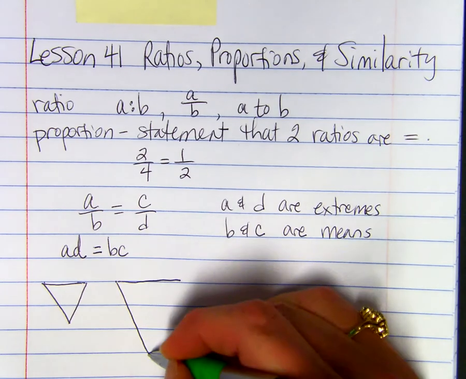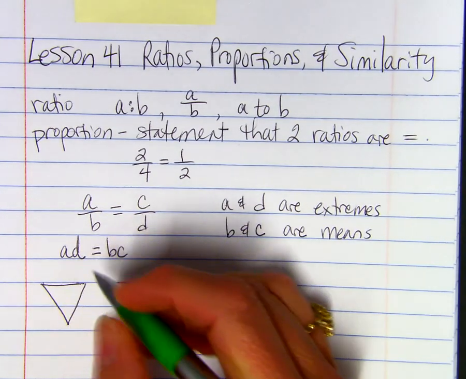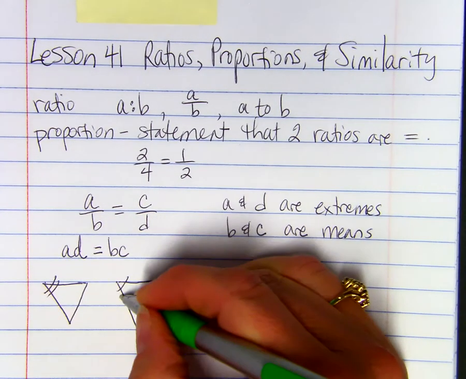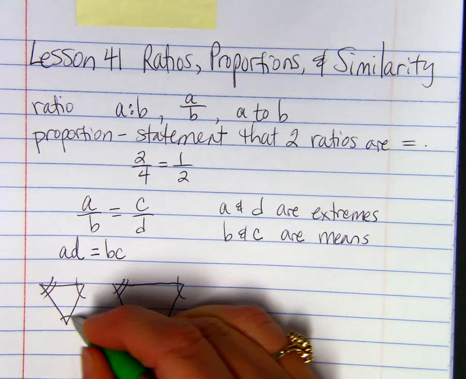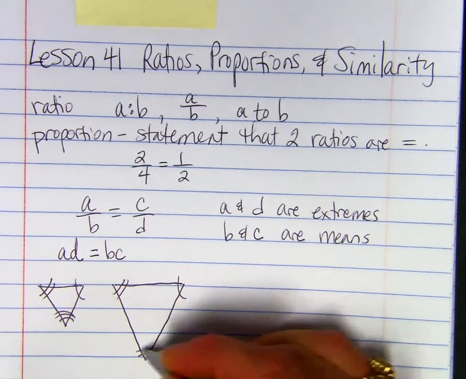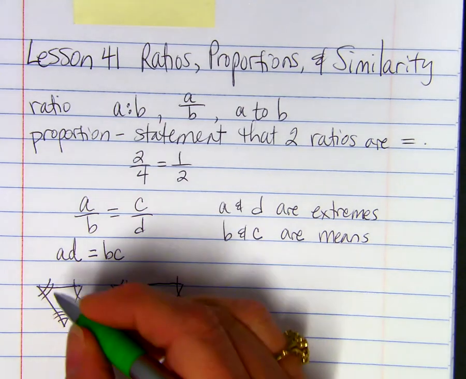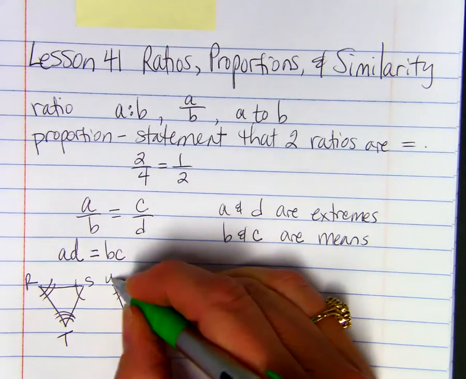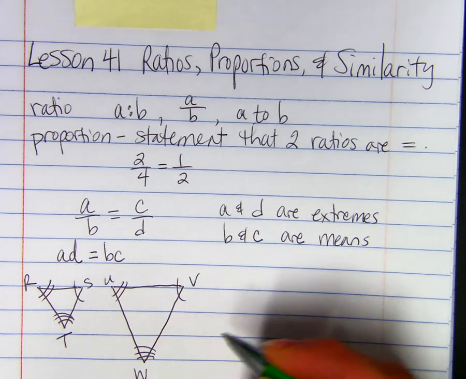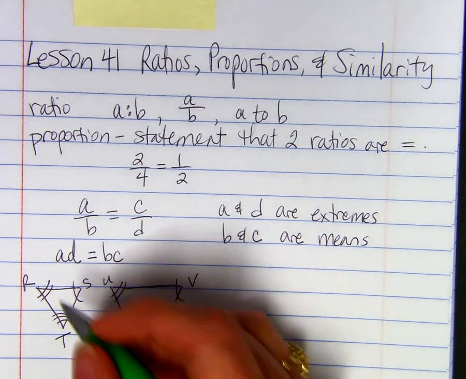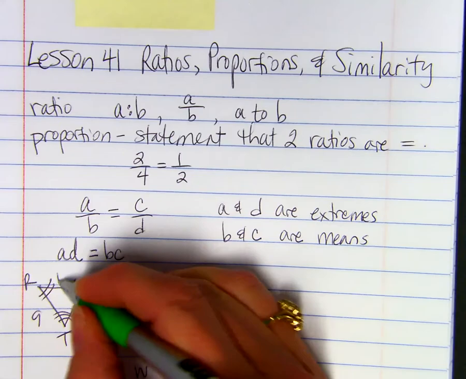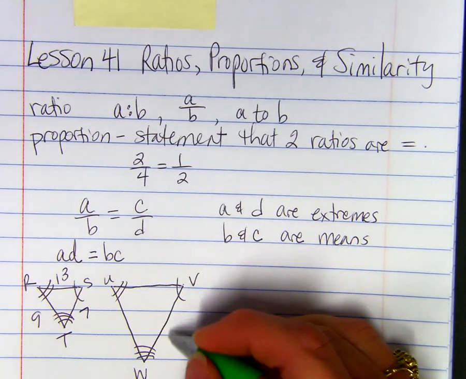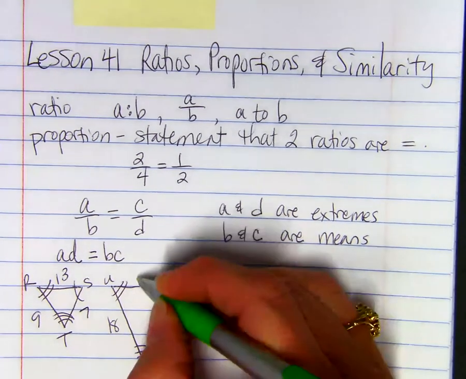Okay, so these two triangles are similar. This is RST and UVW. We're going to do 7, 9, 13 and 14, 18, 26.